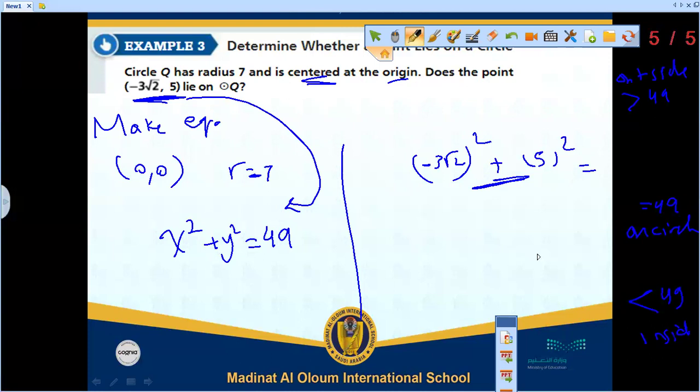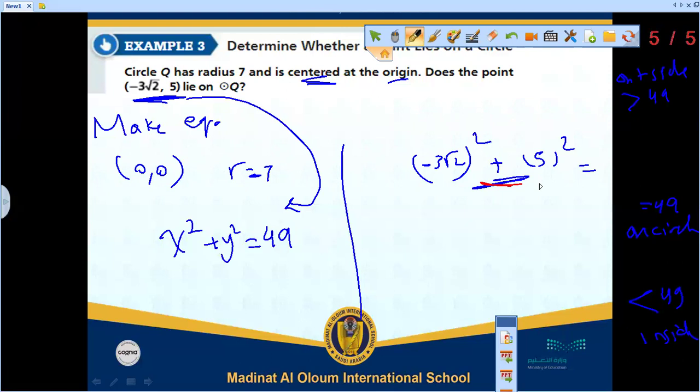Let us check, guys, what do we have? When we do this one by calculator, it makes negative 3 radical 2 whole power 2 plus 5 squared.